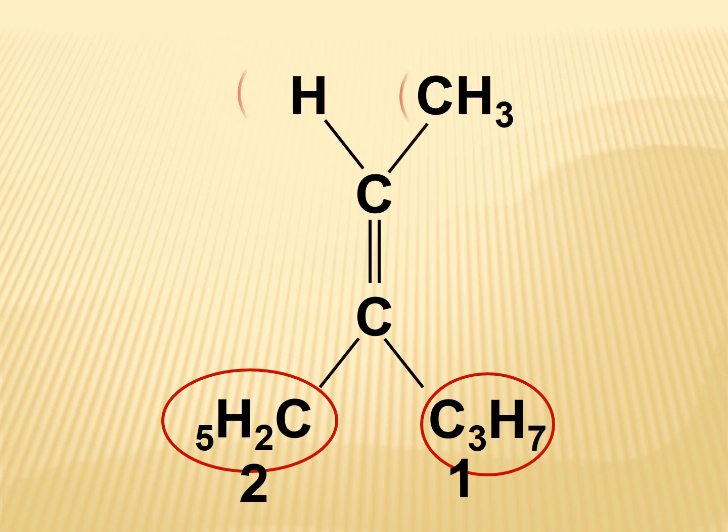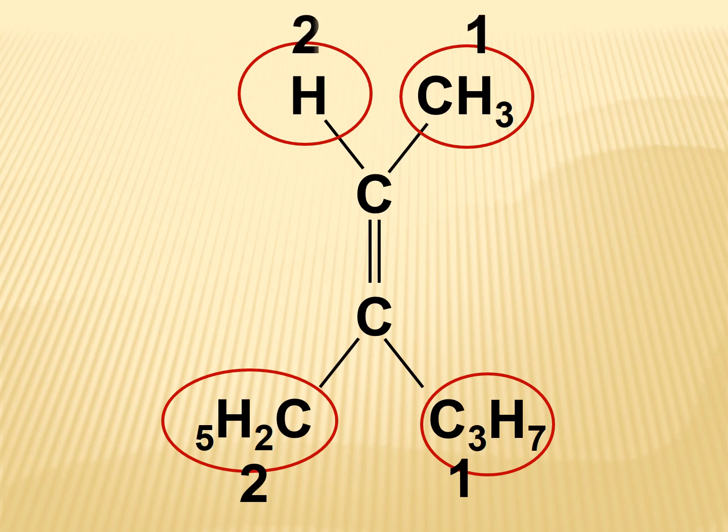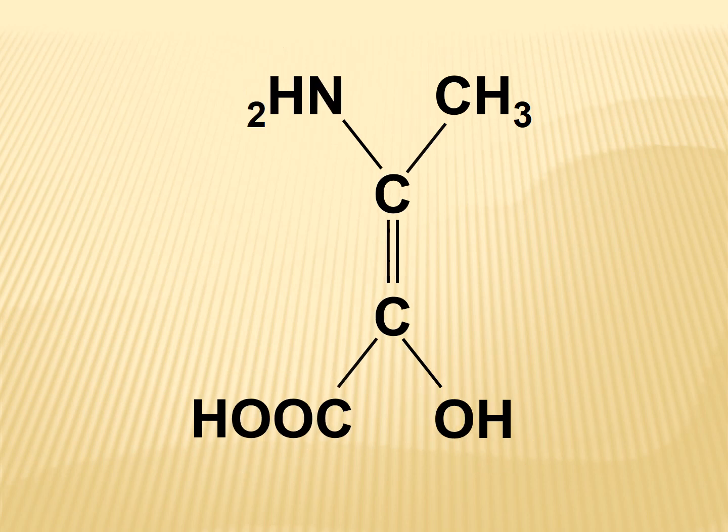Coming to the top portion, it is CH3 and H. So definitely CH3 will have first priority, H will have second priority. Now you can see the first priority groups are on the same side and so it is Z, Zusammen, together.